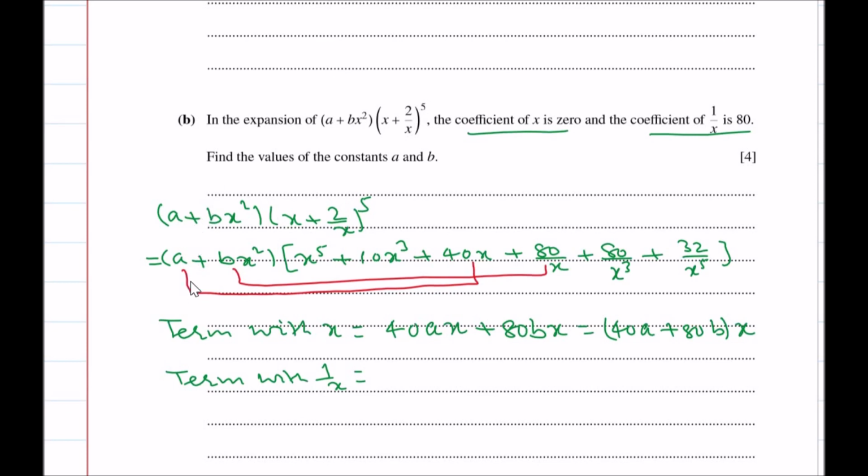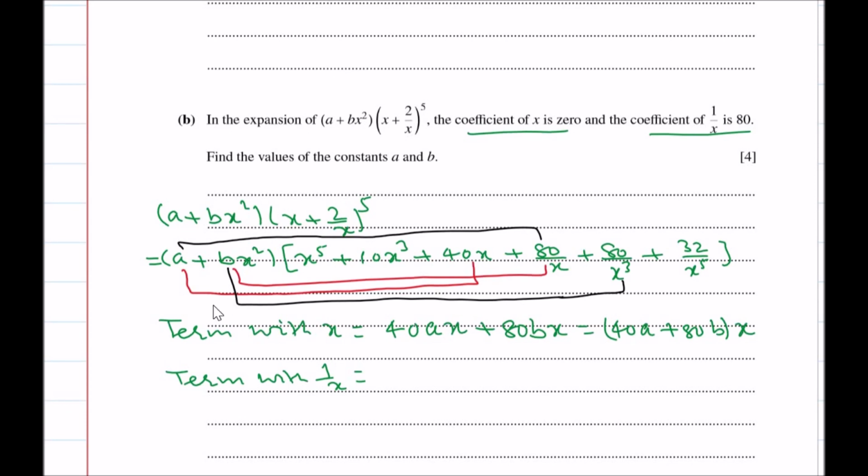If we multiply a with 80 by x, we get one term. And if we multiply bx square with 80 by x cube, because x square will cancel x cube and the denominator will be getting x. So this will be giving you a term with 1 by x.